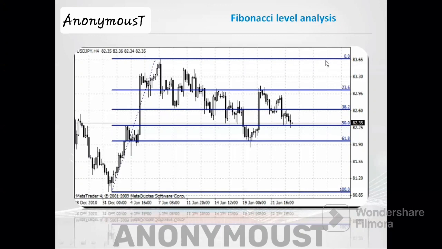That is why the golden ratio, 0.618, is known as the main resistance. If it breaks this, it goes straight till here. Again, when it comes down from here, it directly comes to this 61.8 level. So it mostly moves in and around the 0.618 level.